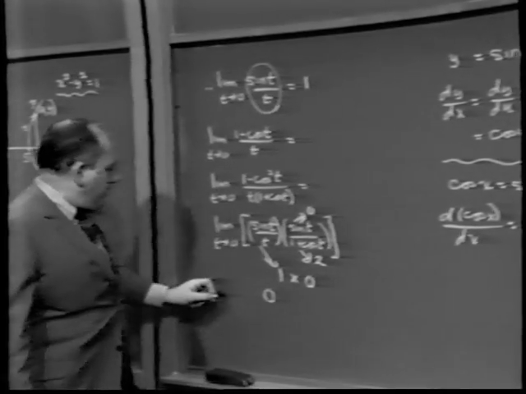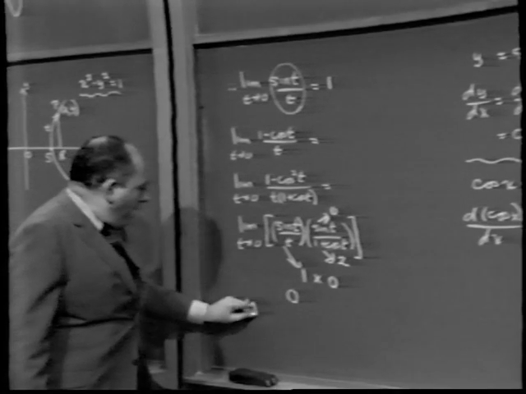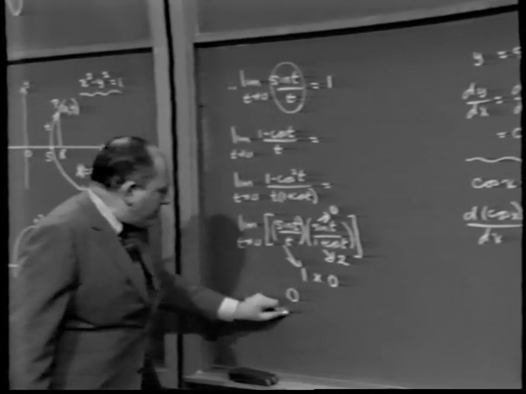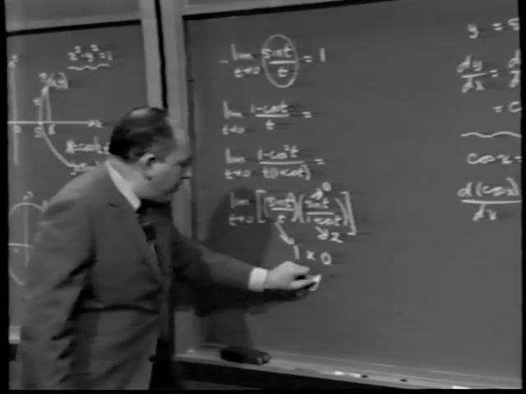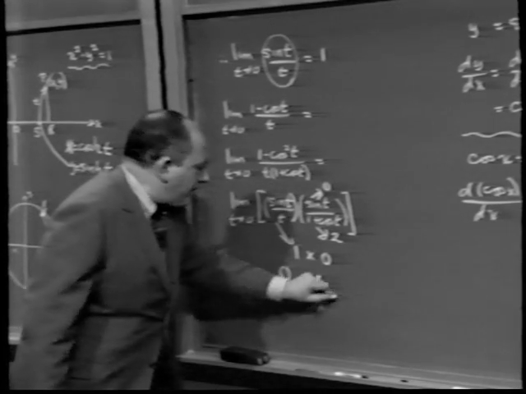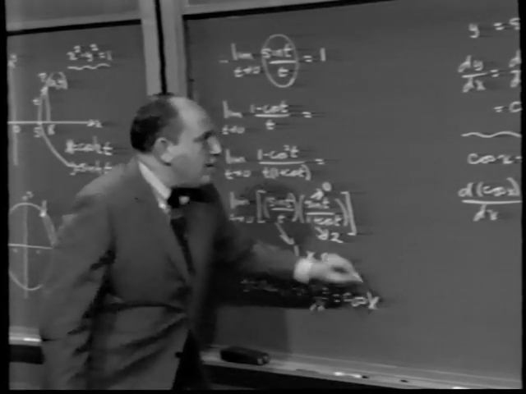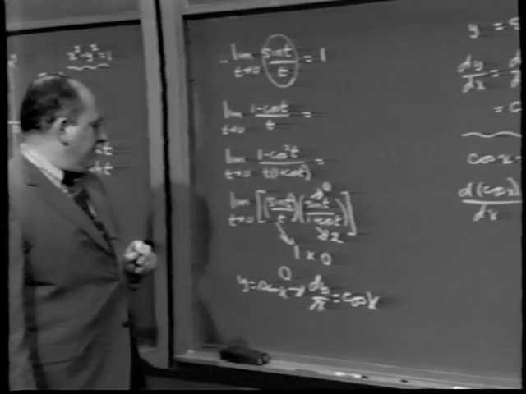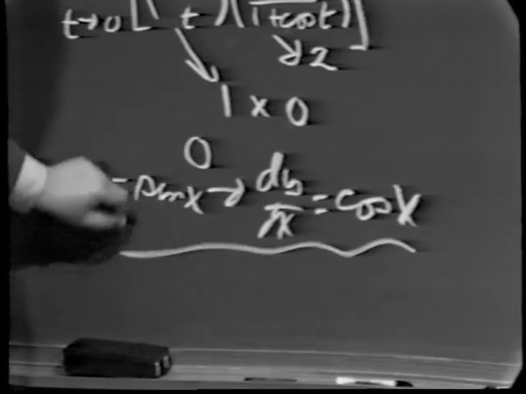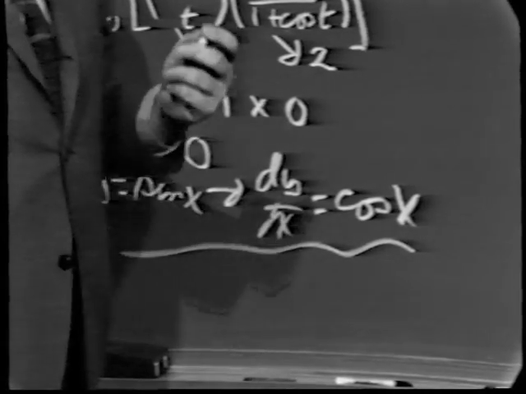And let me just write that down over here. That if y equals sine x, dy dx is cosine x. And again, notice how much of the calculus involved here was nothing new.